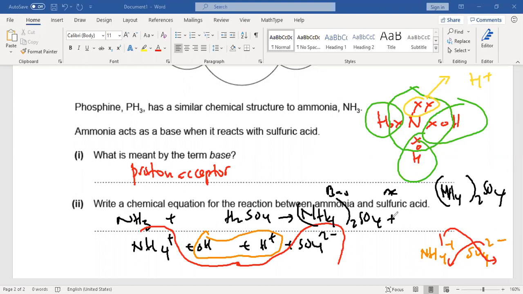But then you can just balance this one directly. For ammonia, I can put 2, and then that's it. I think it's already balanced.